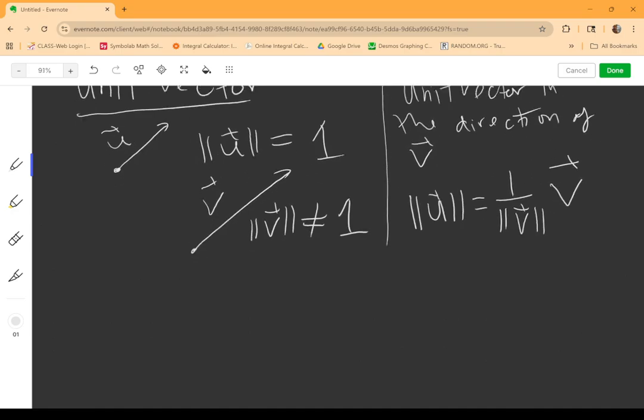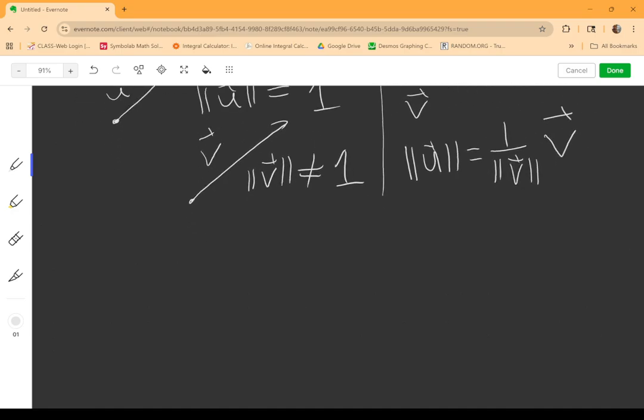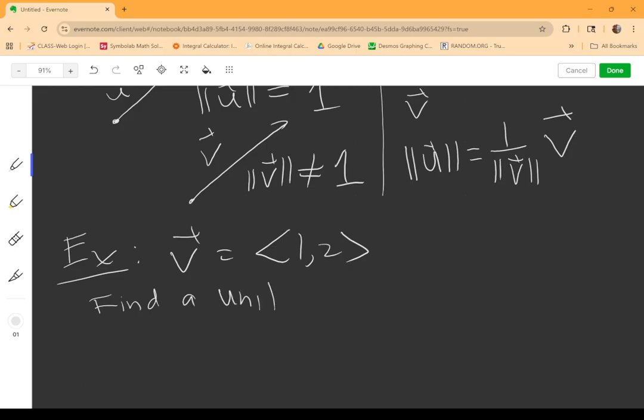So let's do an example here. Let's say that v is equal to 1, 2, and I want to find a unit vector in the direction of v.